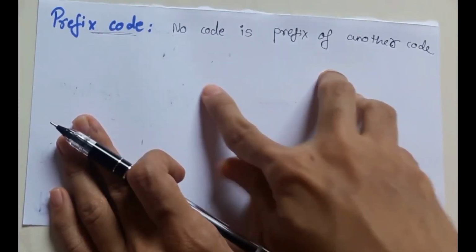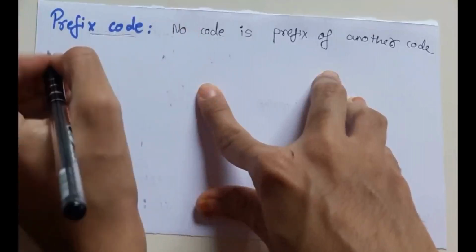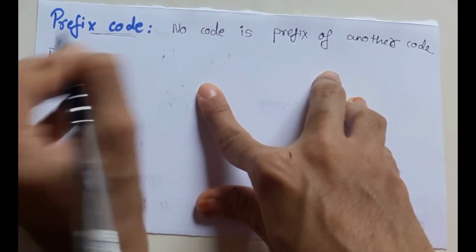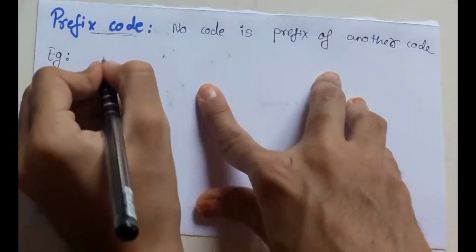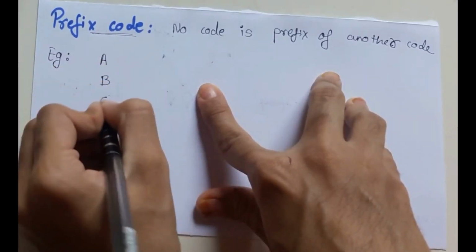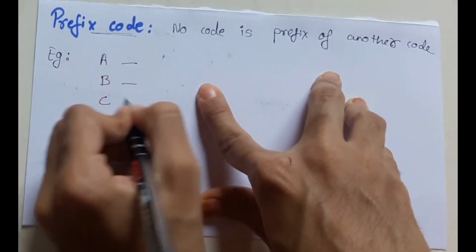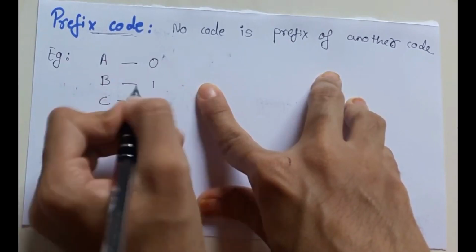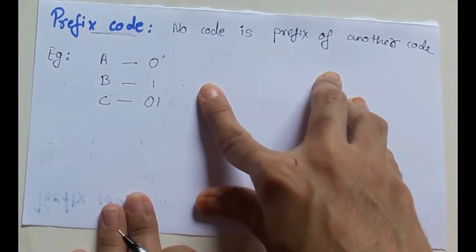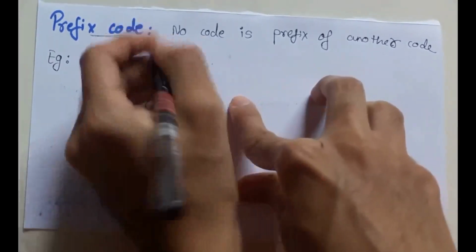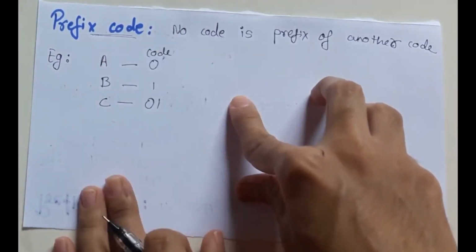Now let us understand this with the help of an example. A very simple example I'll take. See, suppose we have three characters A, B and C, and their codes are 0, 1, 01. These are the characters and these are their codes.